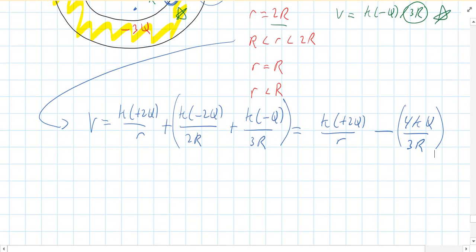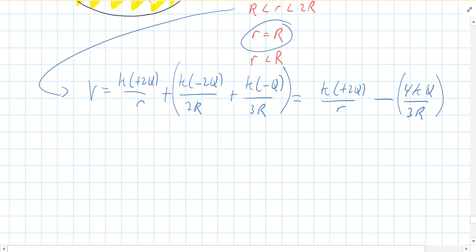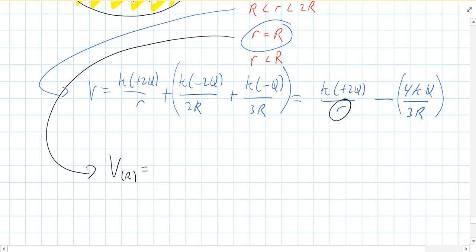Okay, now how about our voltage at big R? Okay, well, I'll do this down here. Well, all you do is you plug big R in for little r. So you'd have the voltage at R would be k times positive 2Q over big R minus, I'll write this as k times positive 4Q over 3R.